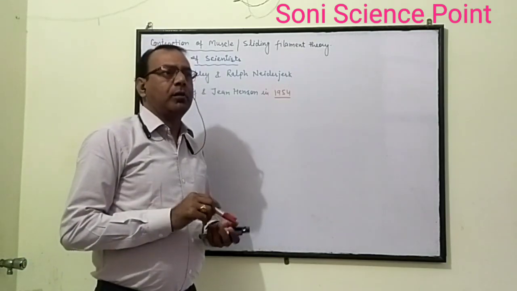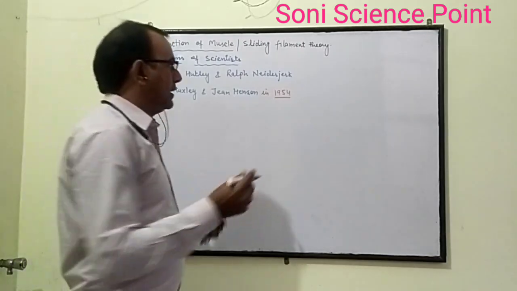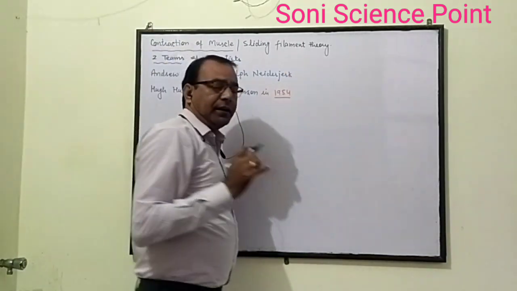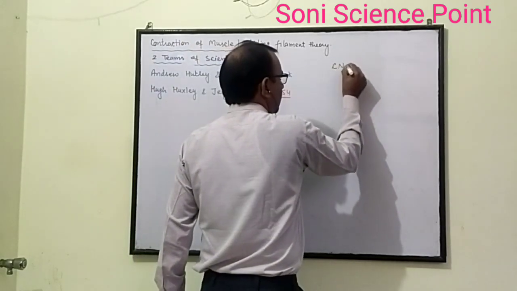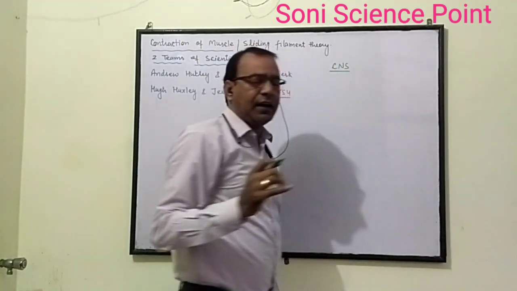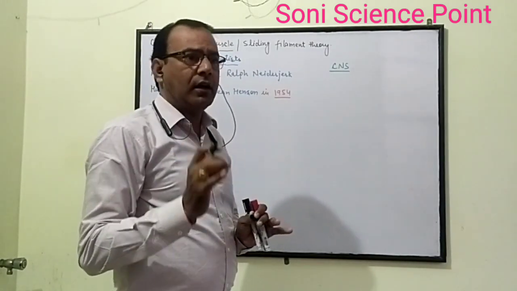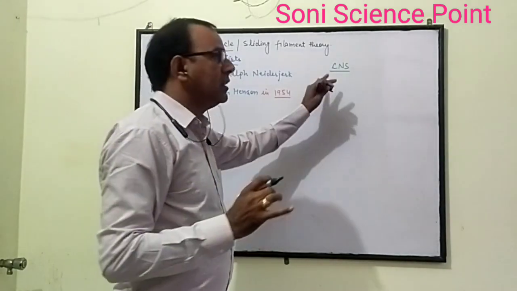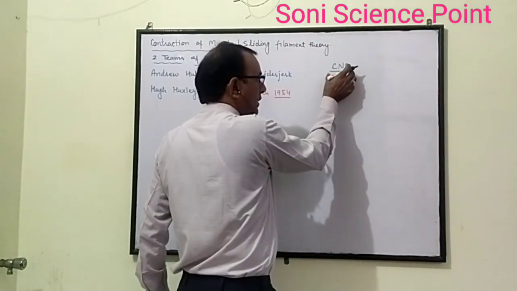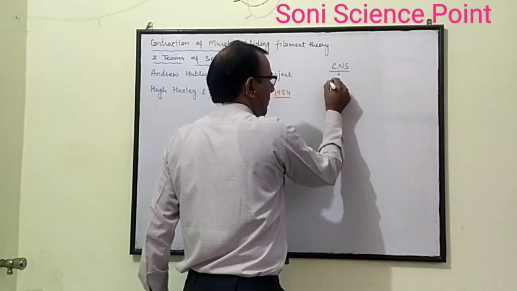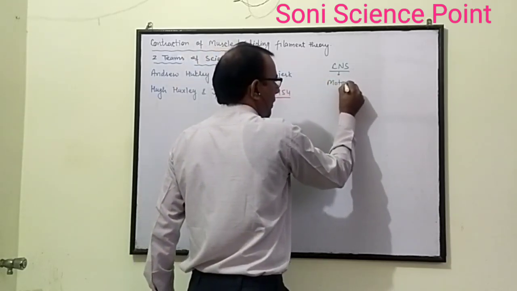How can the contraction of muscle take place? Contraction of muscles takes place under the CNS. CNS stands for Central Nervous System. The contraction and relaxation of muscles are always under the CNS. According to the central nervous system, the impulses are sent by the motor neuron.